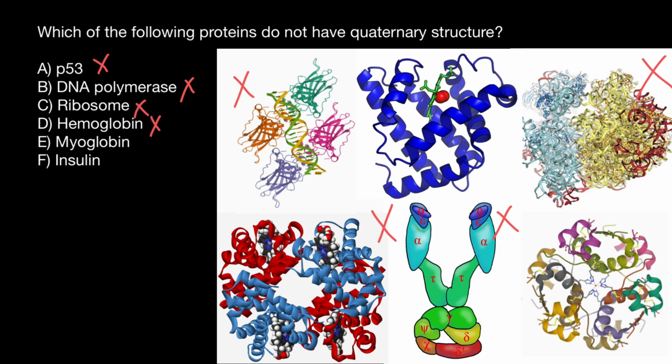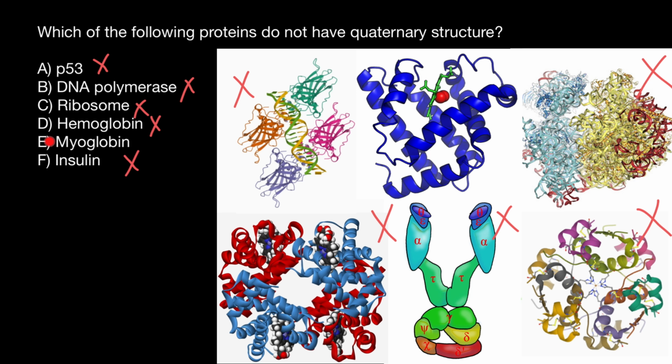And here in the center we can find a zinc atom, which attracts and holds these three proteins together. Thus it is not necessary for this protein to be active. It can be active as a single protein, but still it consists of two chains. So it has quaternary structure, and this is not a protein of our choice.